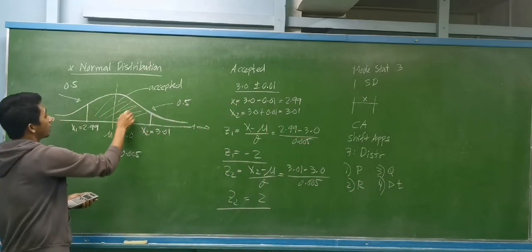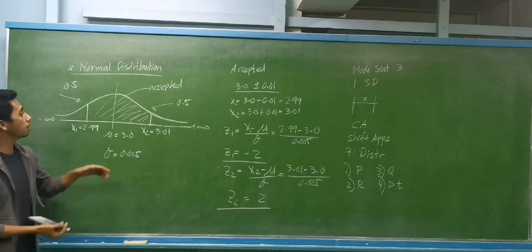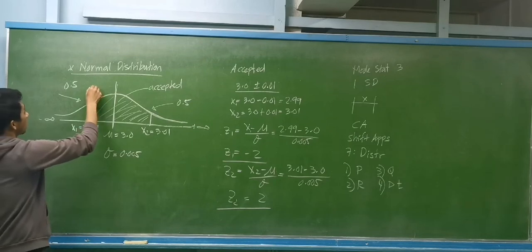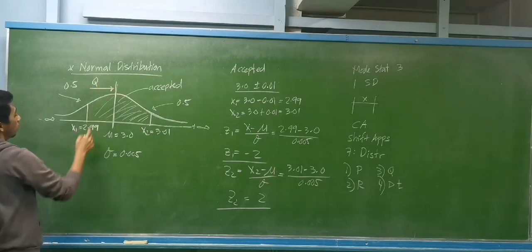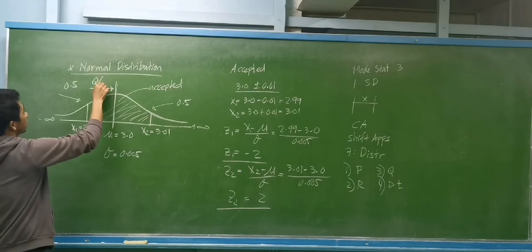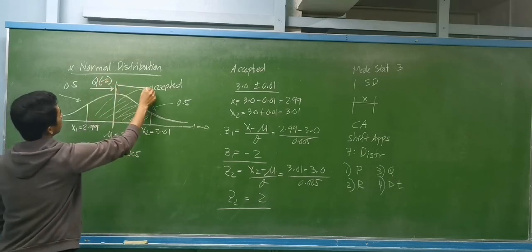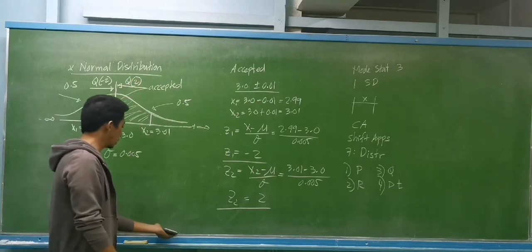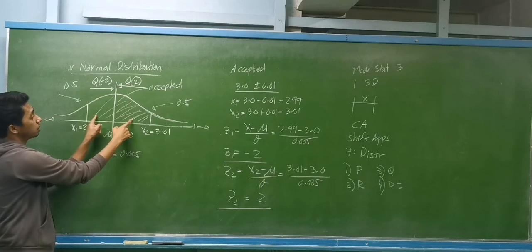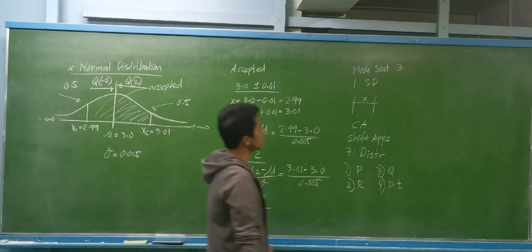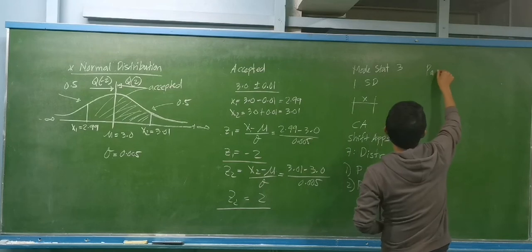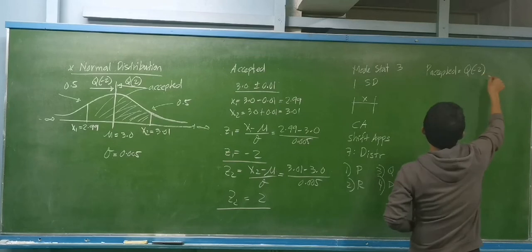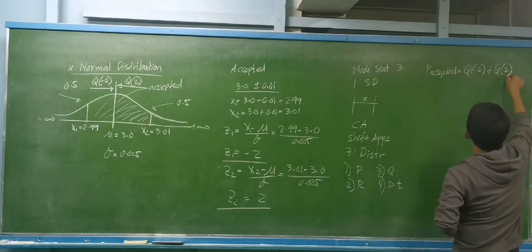When the area we are looking for is the area near the mean, we use Q, number 3. So, what we need here is, let's say, this is the Q for the value of negative 2. And this one is the Q for the value of positive 2, because they represent the area that is accepted. So, the probability of accepted is basically equal to Q of negative 2 plus Q of positive 2.